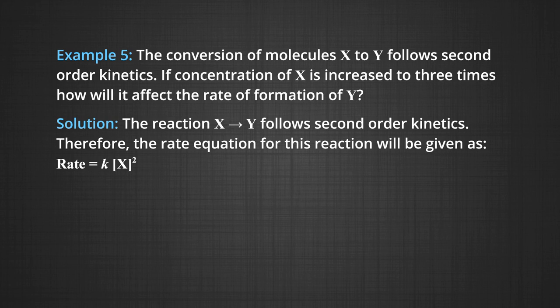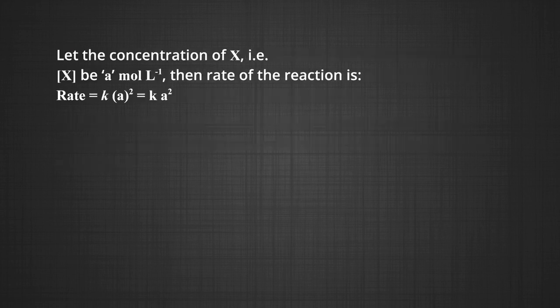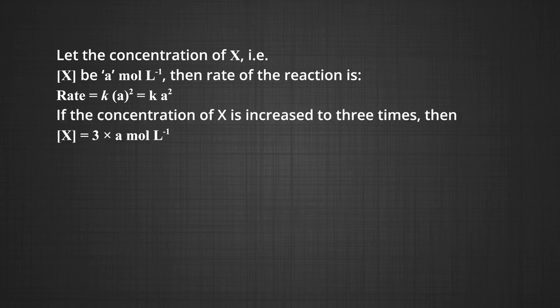Now, let the molar concentration of X be small a moles per liter. Then the rate of reaction is rate equals K a raised to power 2. Now, if the concentration of X is increased to 3 times, then the molar concentration of X is equal to 3 into a moles per liter.